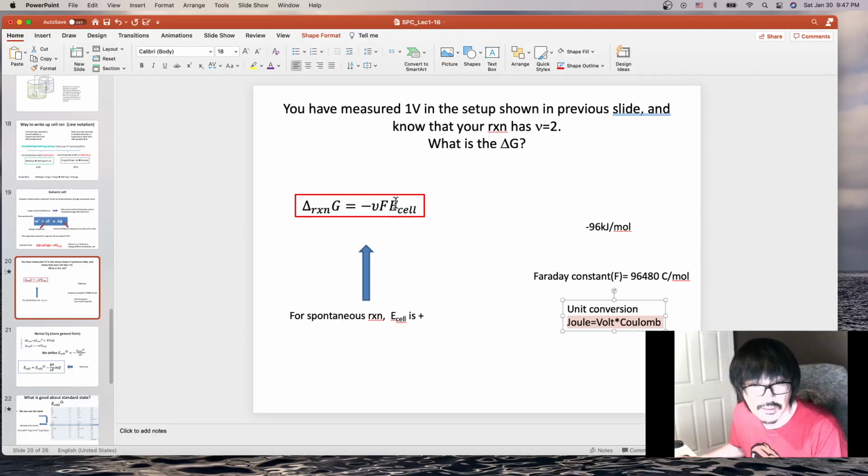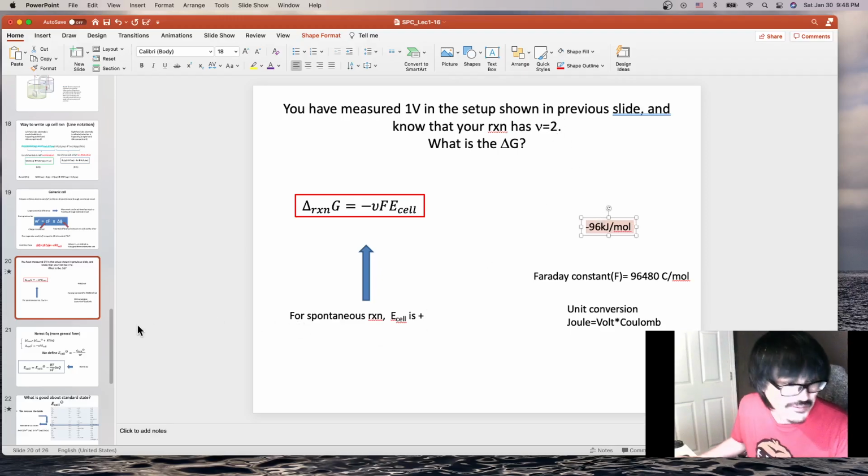So if you put 1 here and then put this number there, that's going to give you joule per mole, which is exactly what you want here. And I don't trust this number just because I missed this one, but I could be correct because I may have put the 2 in there. So go ahead and calculate by yourself.